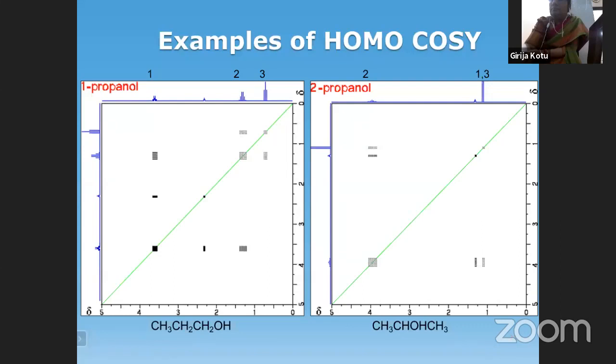But if you closely observe on the top, the 2 diagonal spots, which are just one below the other, that is 1,3 and hydroxyl, there is no cross peak. You just look at that. There is no cross peak connecting the hydroxyl proton and 1,3 because they are not coupling. So you're finding cross peaks only between those protons which are coupled. Those which are not coupled, you're not finding any cross peaks.